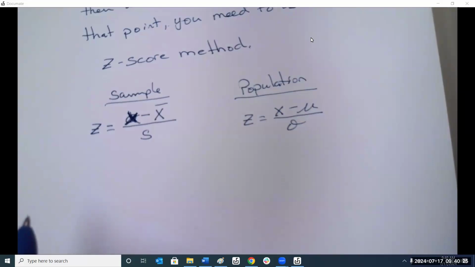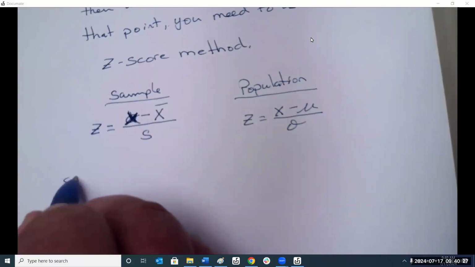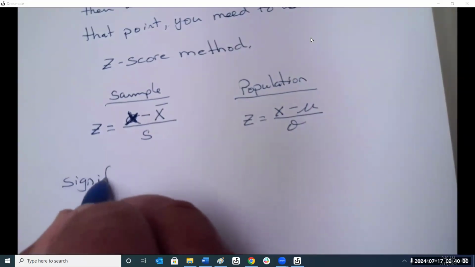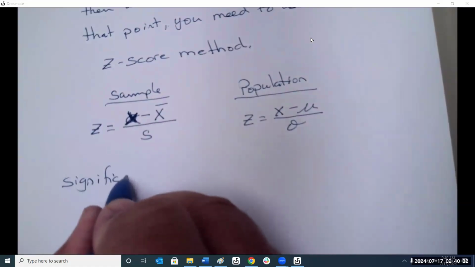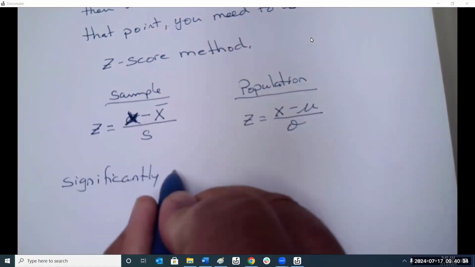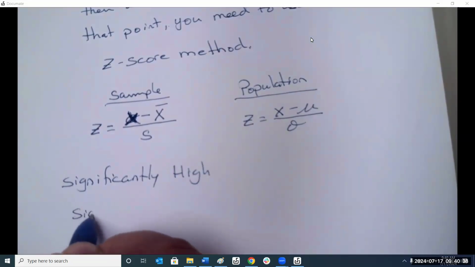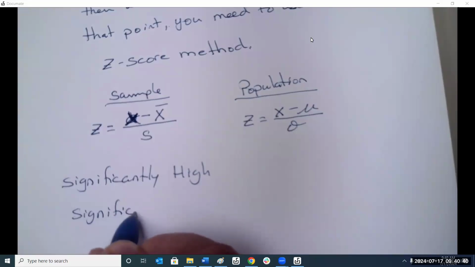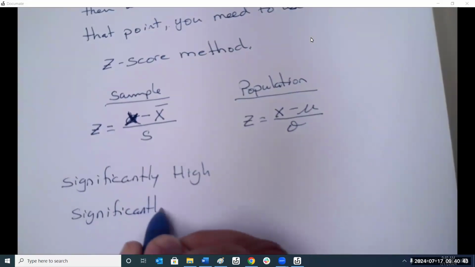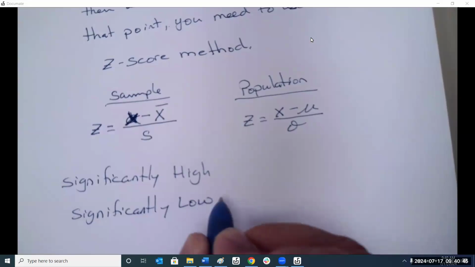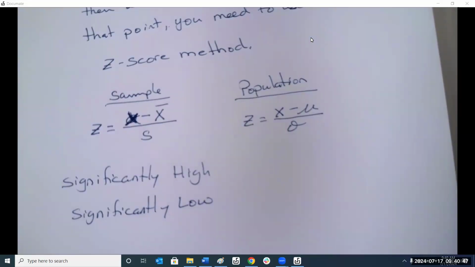And remember, we talked yesterday about significantly high and significantly low values.